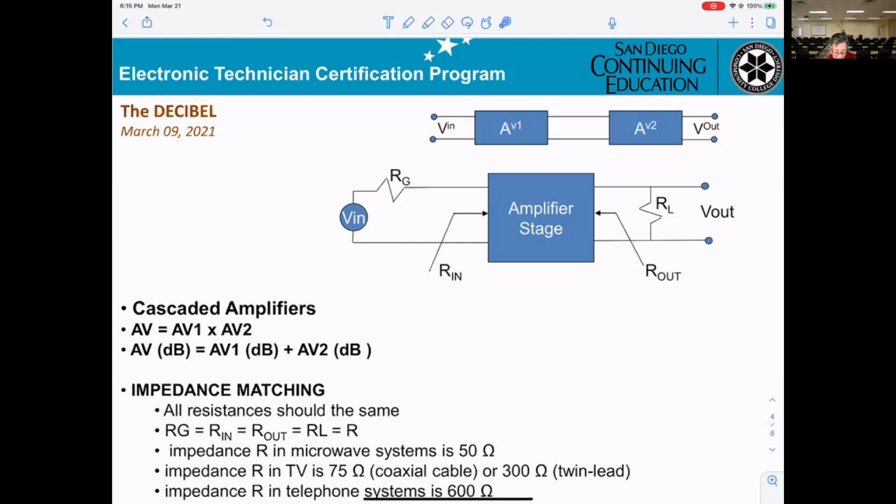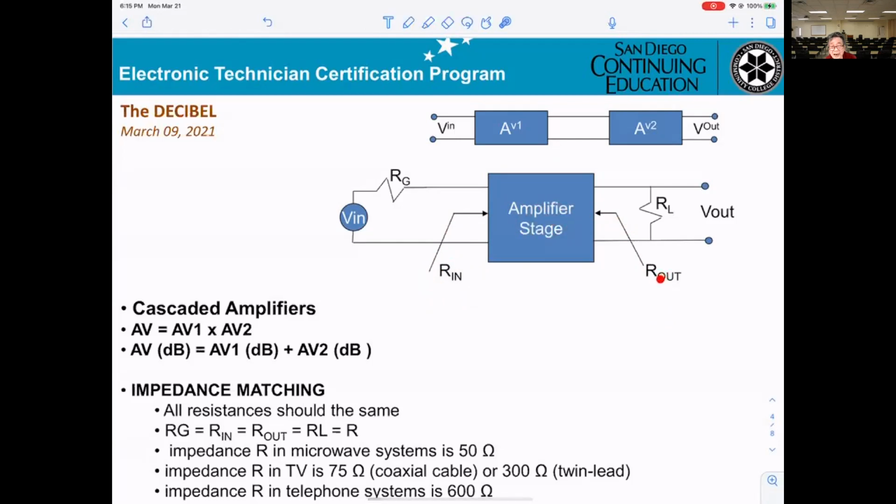Just the formula. And now you get the impedance. You can see your amplifier here. Looking into the input, you get a resistance. That's what they call input impedance. At the output, when you're looking into the amplifier, you see a resistance inside here.